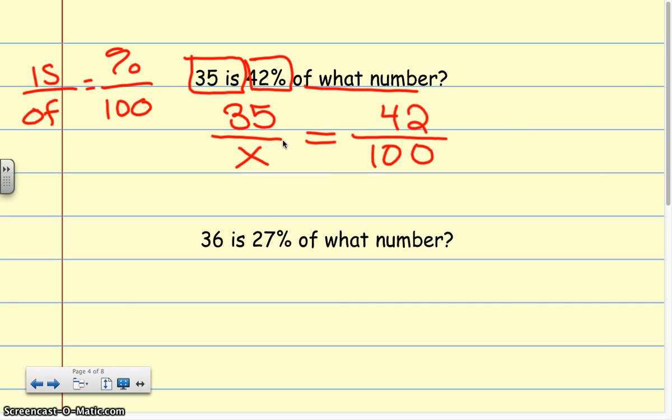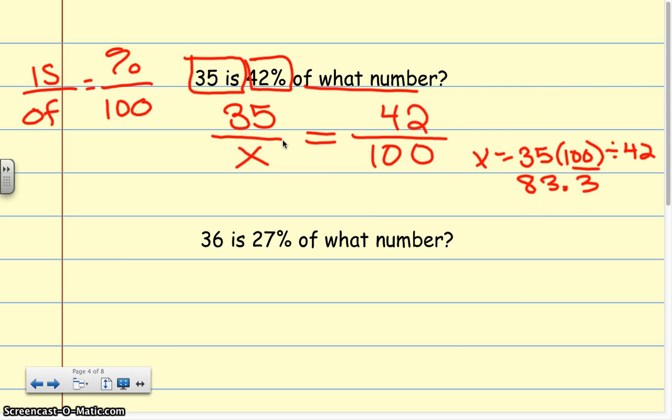So now in my calculator, I would say that my x is equal to 35 times 100 divided by 42. And that is what, 83.3? Repeat: 35 times 100 divided by 42.